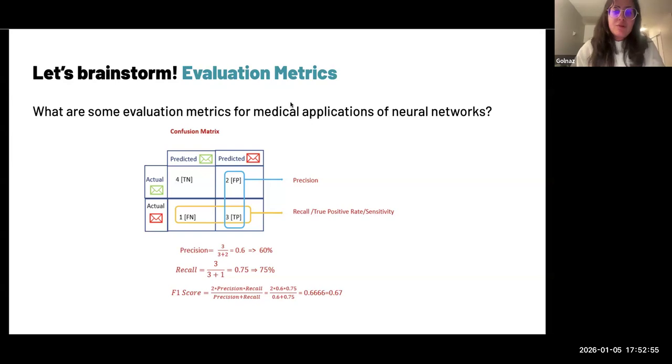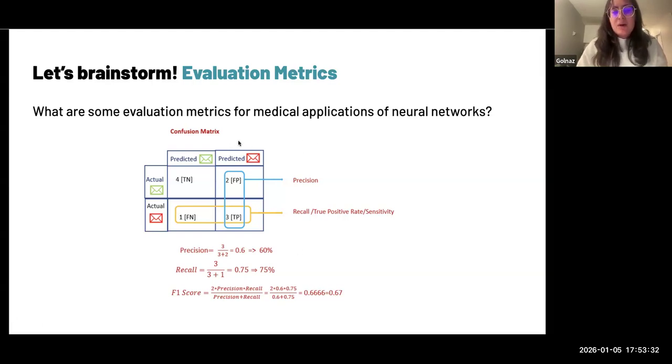But for example, for a classification problem, one of the things that you can use is a confusion matrix, which indicates, of the predictions that you've made on your data set, how many of them were actually from the same class that the model predicted, and how many of them were predicted as the other class. And you do it for all of the classes that you have. Then based on that, you can measure different metrics like precision, recall, F1 score.